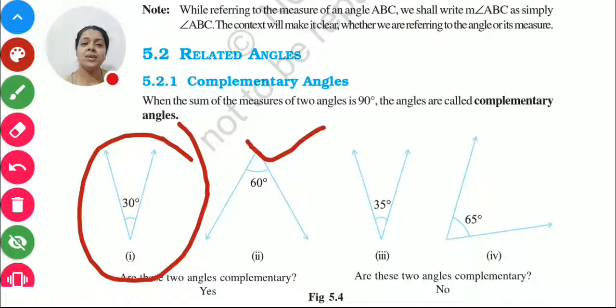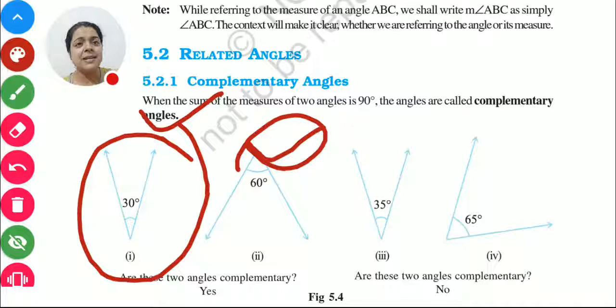When two angles form a complementary pair, one angle is the complement of the other one.